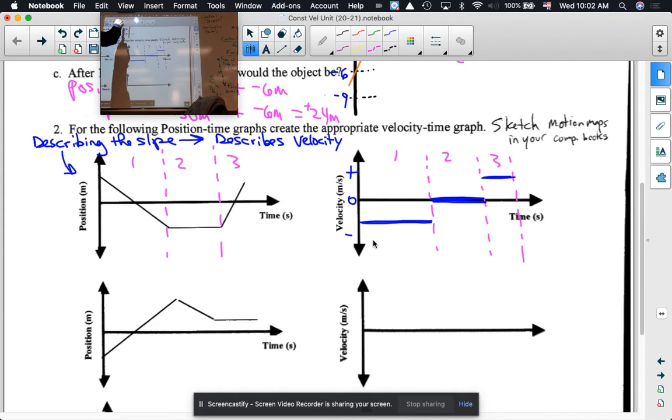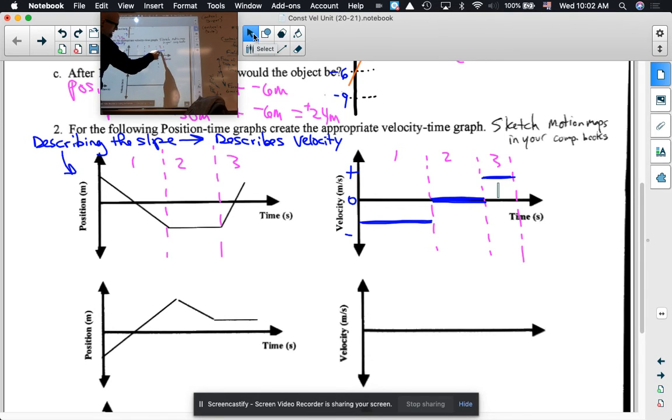I would say no, because that is about the same distance up from zero as this one is down from zero. So that's telling me that if this is like a negative 2, this is like a positive 2. But we just said this line is way steeper than this one.